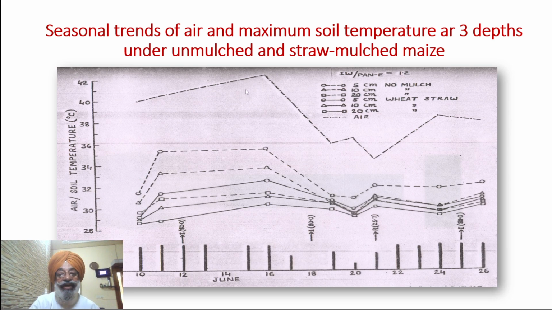You can see 5 centimeter bare soil versus 5 centimeter wheat straw, how it lowers the temperature over time in all the cases, except when you had rains. The differences between mulched and unmulched soil temperatures narrow down quite a bit, and then again, as the soil becomes dry, the differences become conspicuous. So at all the depths, the surface straw mulch helped in decreasing the temperatures.